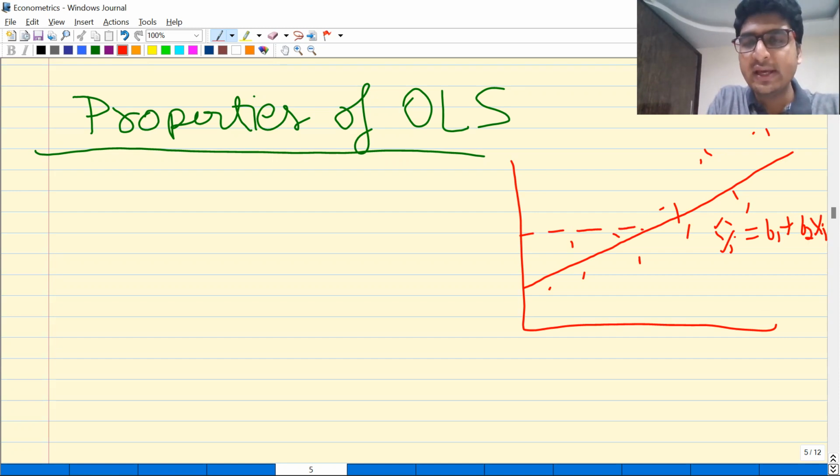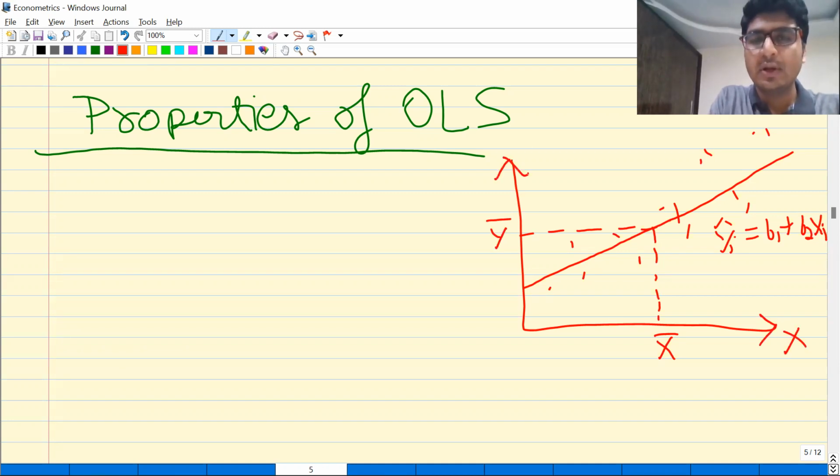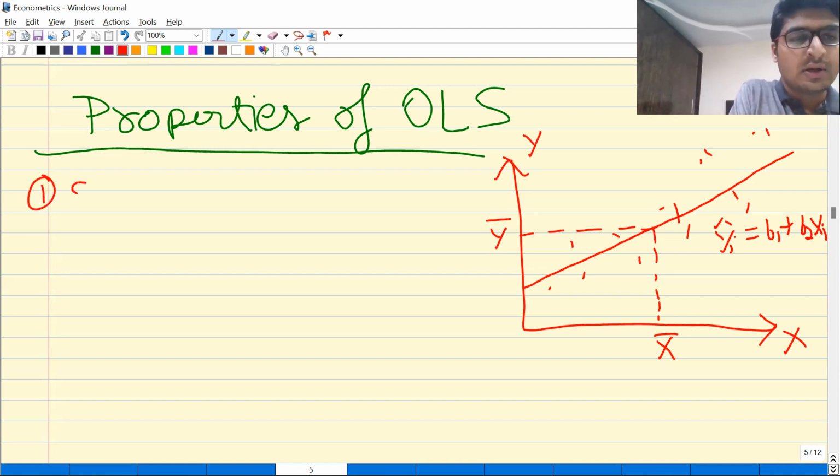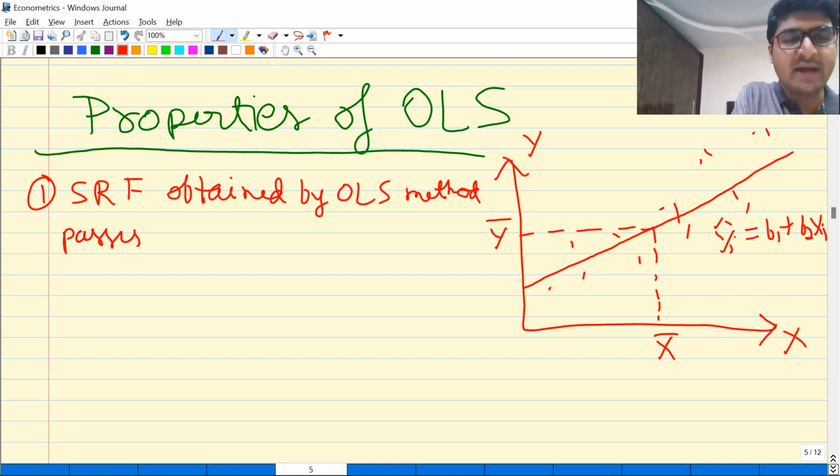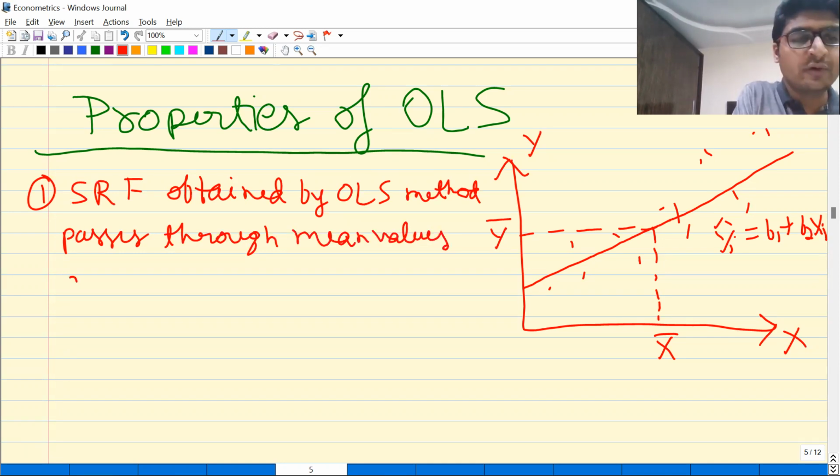So one of the properties says that it will always pass through mean values. ठीक है, देखते हैं कैसे. So the sample regression function obtained by the OLS method passes through the mean values of x and y. कैसे?